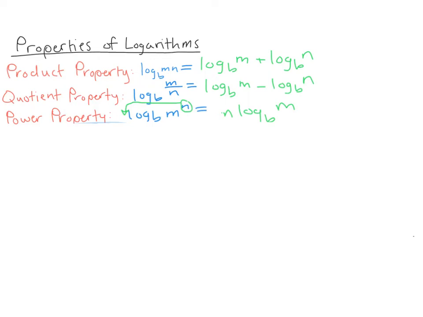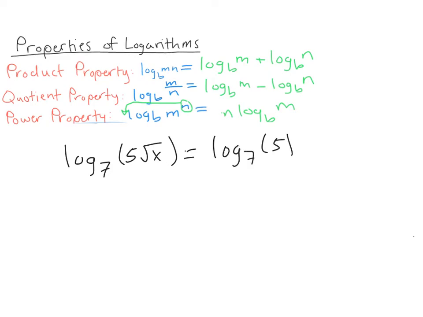We've got ourselves a log base 7 of 5 square root of x, okay? So when looking at this right here, the first thing that you can do is expand this using the product property, meaning log base 7 of 5 plus log base 7 of the square root of x, right?